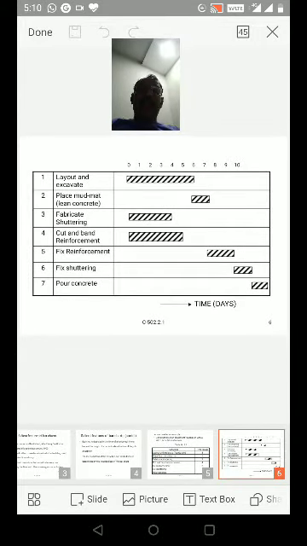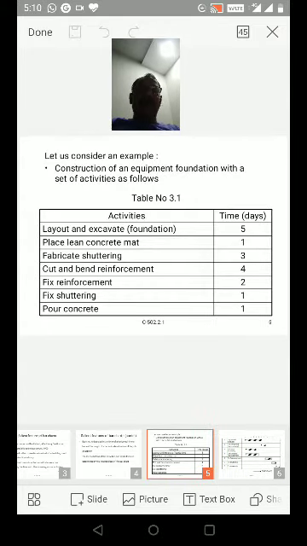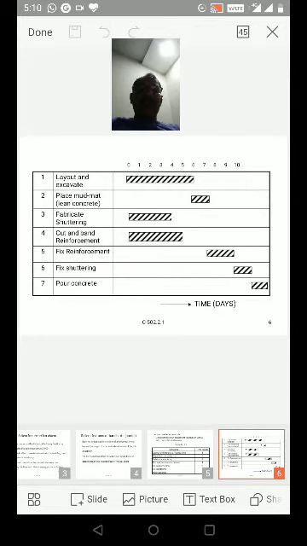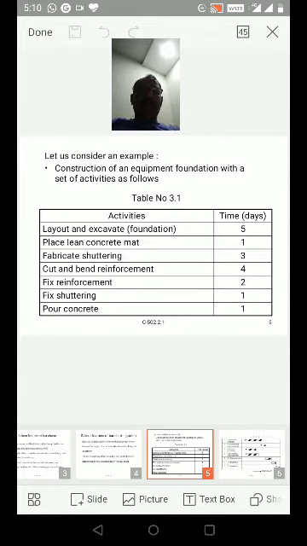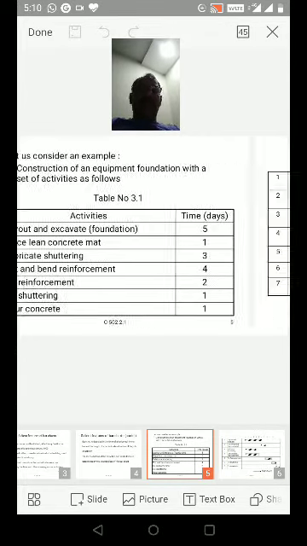Now see how to draw this in the bar chart. Layout and excavate for foundation takes 5 days, numbering horizontally from 0 to 5. Place lean concrete mat, or mud mat, takes 1 day.